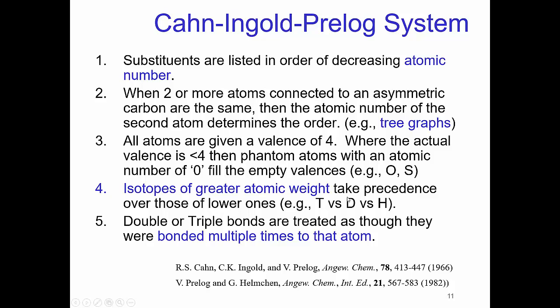Isotopes of greater atomic weight take precedence over lower ones. Okay, so this is something that people have actually made use of in order to look at enzymatic characteristics. There's a variety of things that are important. They can make chiral compounds containing isotopes such as deuterium versus hydrogen, and put this in one or the other position in a case where a compound is what we call prochiral.